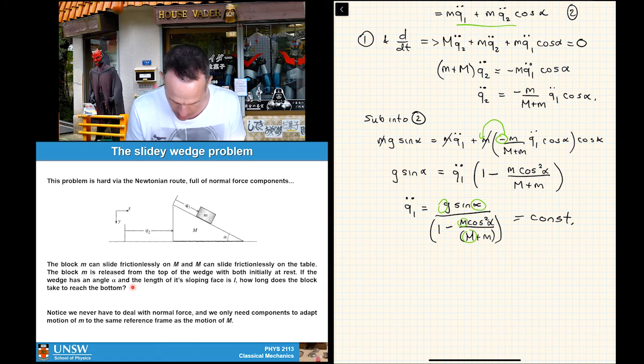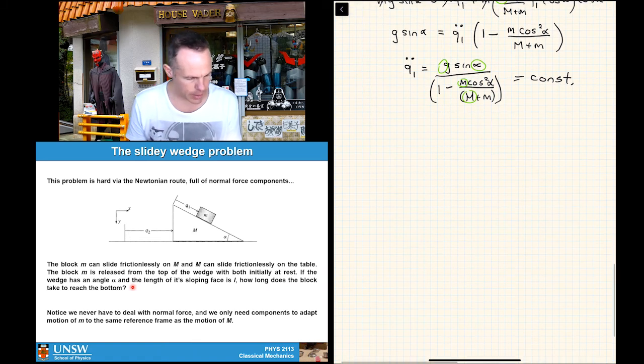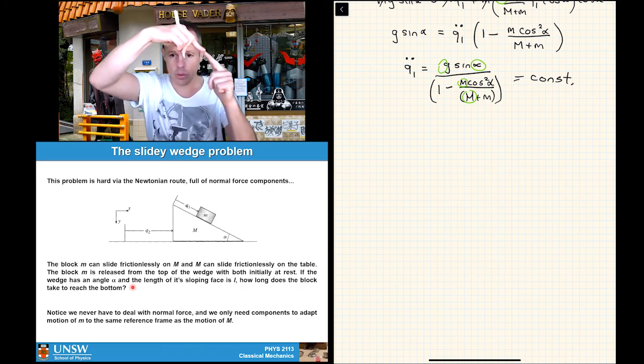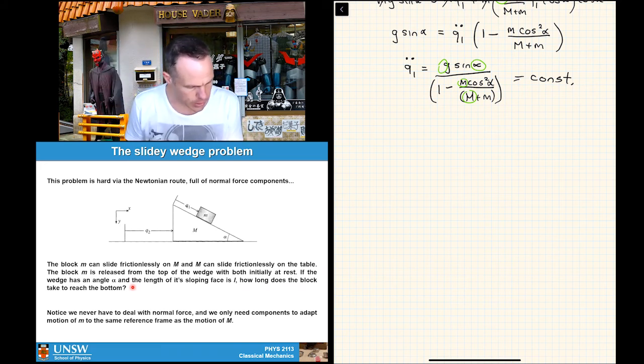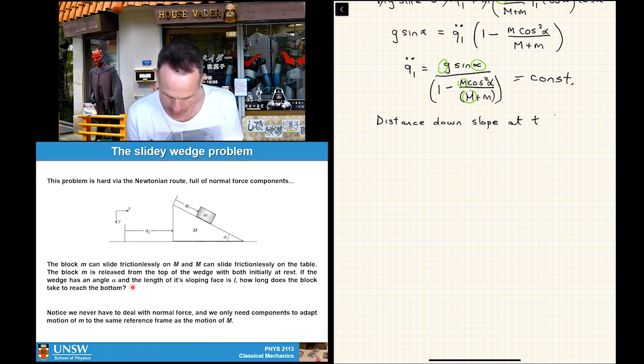Okay, so we're going to do it. It's a little tiny piece of Newtonian mechanics. We know that the time to get to the bottom of that slope, it's starting at velocity equals 0 at the top. So the distance down the slope at t is going to be a half q1 double dot t squared, okay?